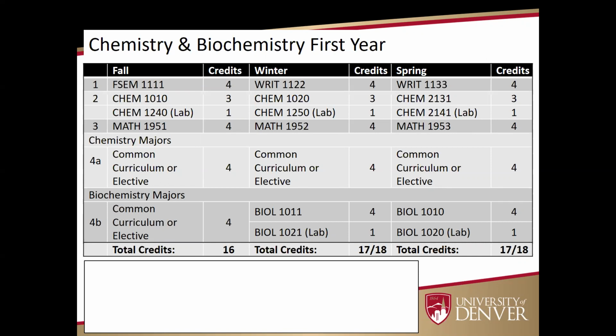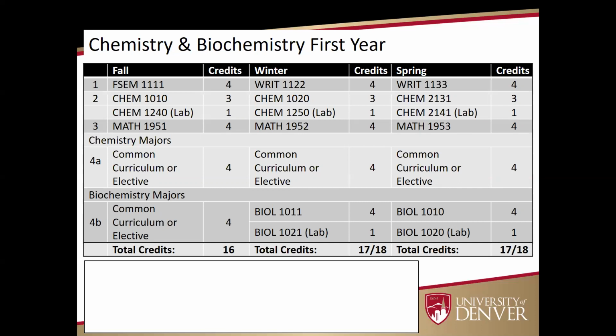And if you're a biochemistry major, your fourth course will be a common curriculum or an elective course. The reason that those two are separated is so that you can look into your second quarter, or your winter, to find out what you will be taking, and those two majors differ.